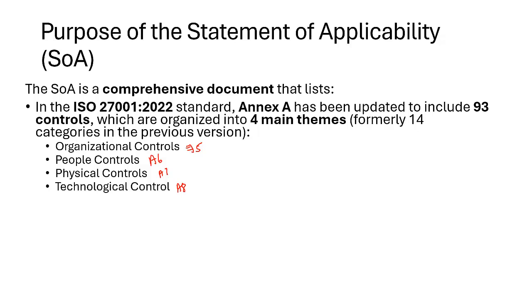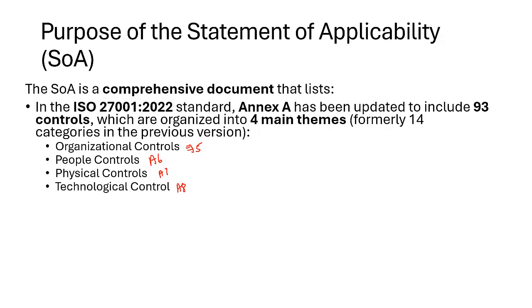So Annex A in ISO 27001 provides a brief overview of each control, and you can use it for reference purposes. And the thing we are talking about here is that the SOA always links the risk assessment result to the selected Annex controls. And from the certification perspective, the auditor will check the implementation of controls declared as applicable in the SOA. So the selection and implementation of controls should be justified based on the organization's risk assessment and treatment process.